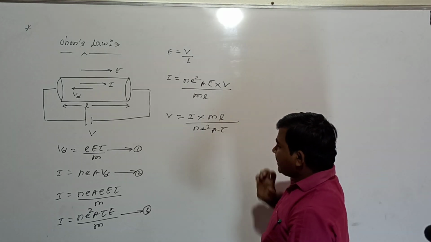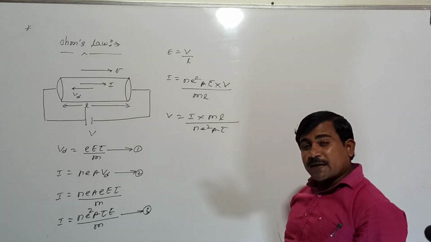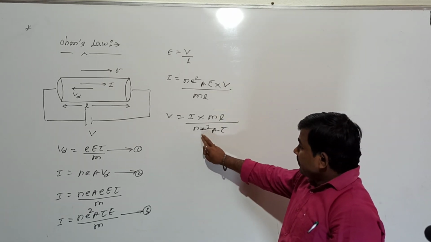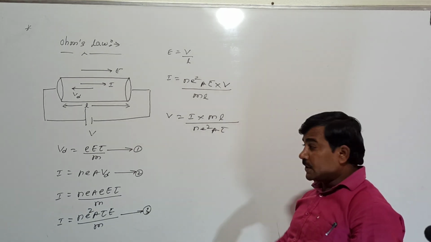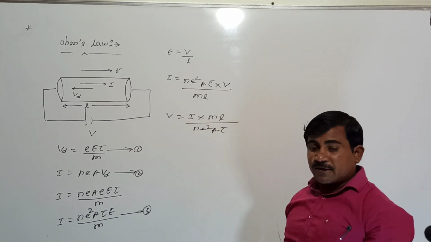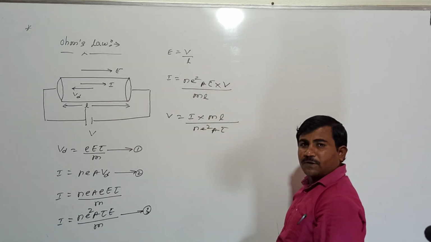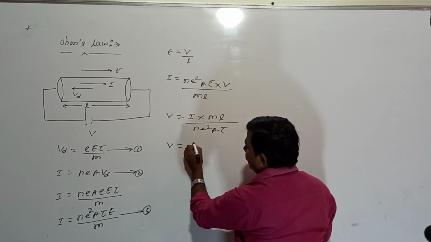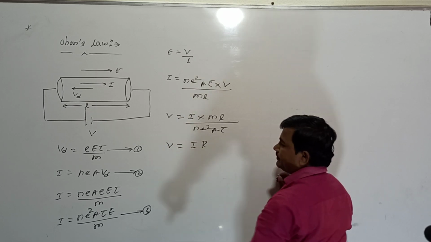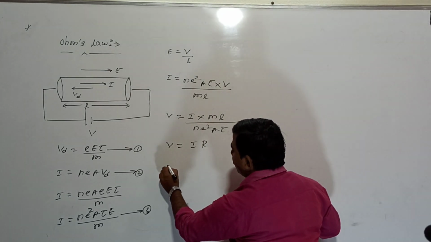Here m is the mass of the electron, constant; L is the length of the conductor, constant; A is the area of the conductor, constant; tau is the relaxation time, constant; e represents the charge of the electron; n represents the number of electrons. If all these are constant values, we can write this equation as V is equal to I into R, where R indicates what? R equal to how much?